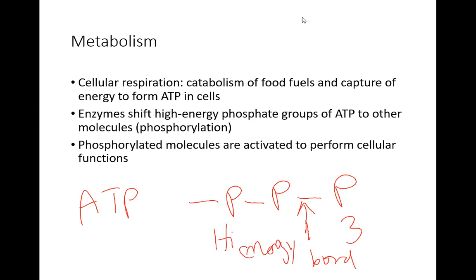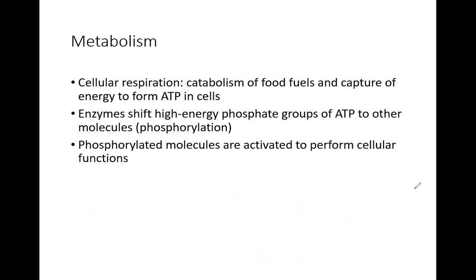We can break that bond and release energy to the cells where they need it. The ATP will bind to a location in the cell and it will break the bond for the 3rd phosphate and release energy. Now, the nice thing about the ATP is when you break that high energy bond, what you end up with is ADP.